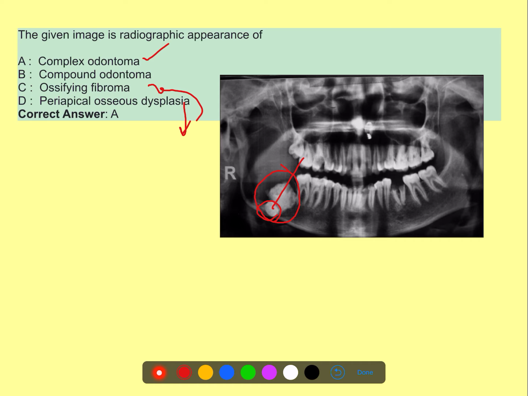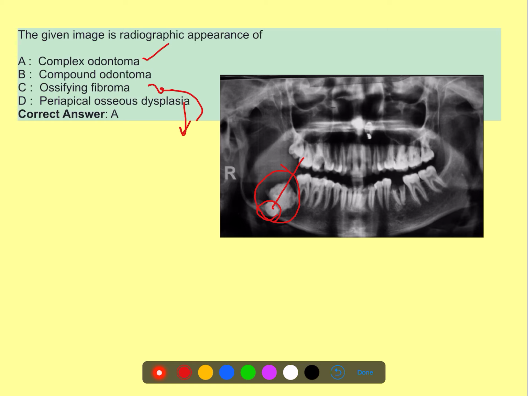But in ossifying fibromas, mostly we cannot see unerupted teeth. But in compound odontoma or complex odontoma only, there is an obstruction for the normal eruption pattern. If you see this radiopacity, it is very complex and you cannot find structures like enamel, dentine. So you can go with the option complex odontoma.